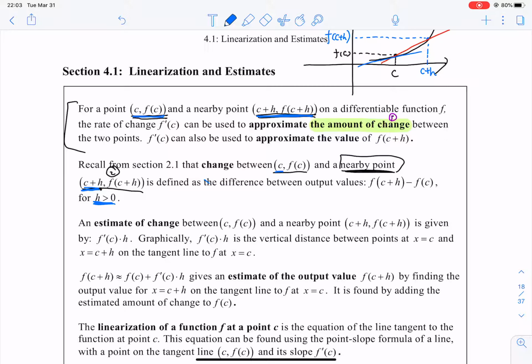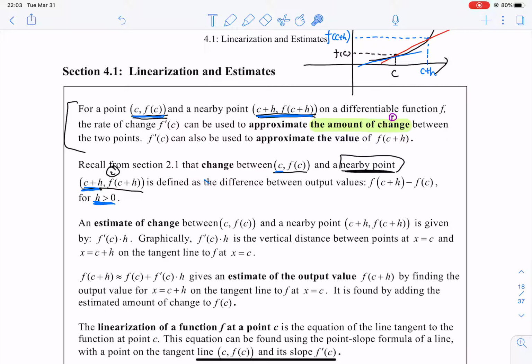For a point c, f of c, and a nearby point c plus h, f of c plus h, on a differentiable function. On a differentiable function means on a very smooth function. So the function cannot have a hole there, or sharp corners, or a vertical tangent line, otherwise the function is not differentiable.